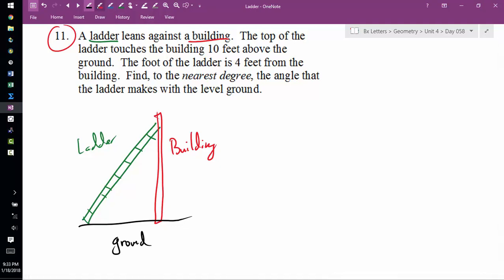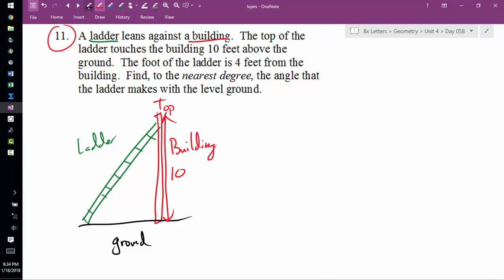So now they say the top of the ladder touches the building 10 feet from the ground. That's just a fancy way to say, hey, the height of the building is 10.